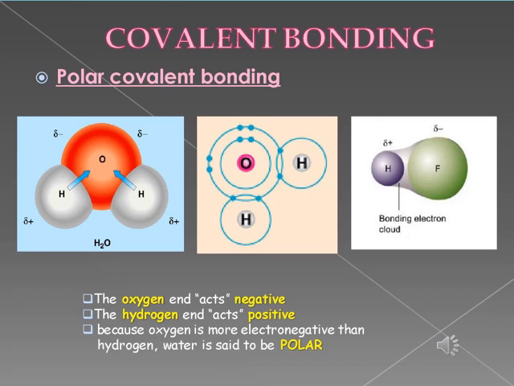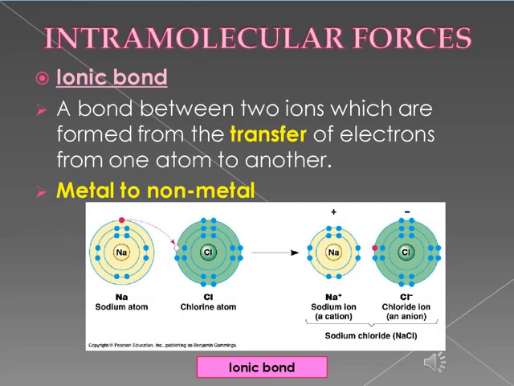These are the simplest examples of polar covalent bonds. So polar has one atom which acts as negative charge and another atom which acts as positive charge.